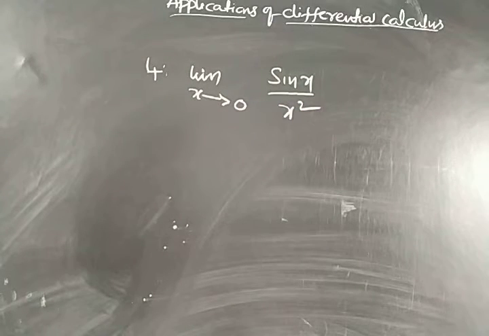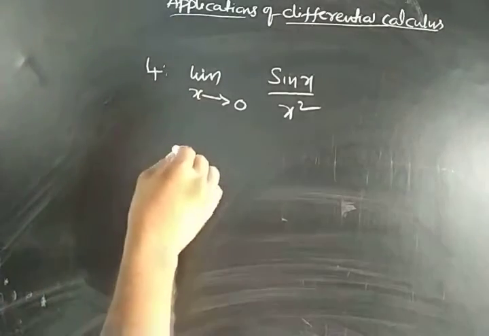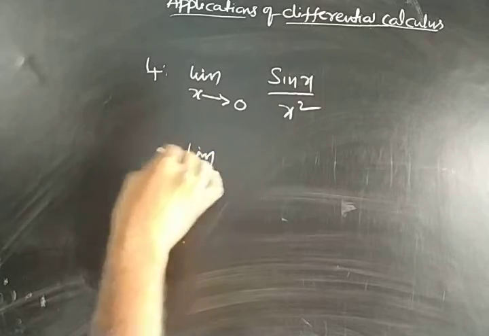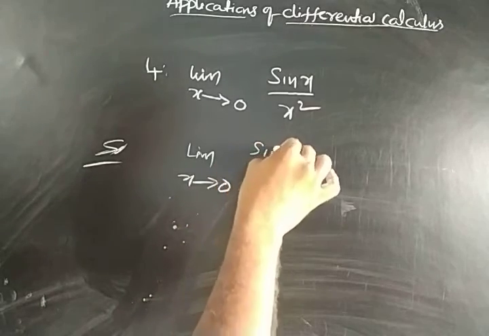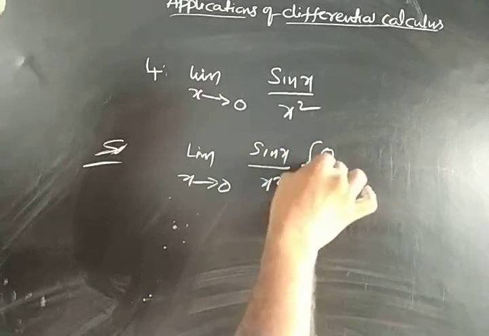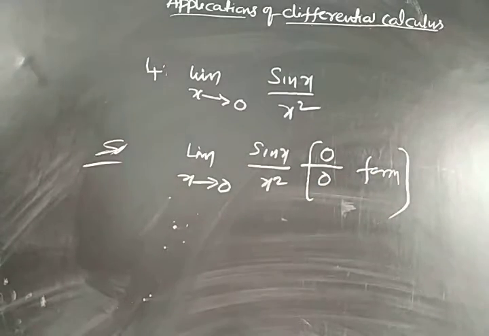Solution: given function, limit x tends to 0 sin x by x square. This is 0 by 0 form.